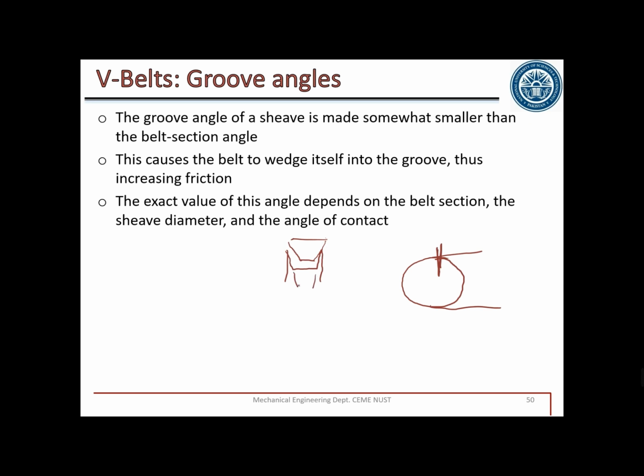So this angle of the sheave, theta, and this angle of the belt, phi, we will make sure that phi is more than theta. As phi is more than theta, the belt will be fixed within the sheave very tightly. Forces are exerted from the sides on the belt, so the friction will increase, and eventually the belt will not slip. So this angle is kept small so the belt fixes within the sheave tightly and does not slip.